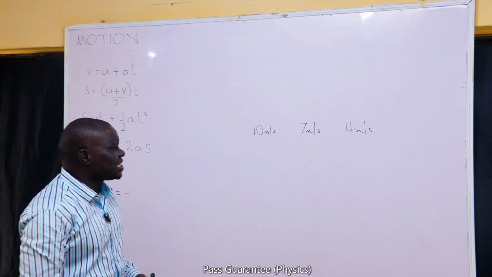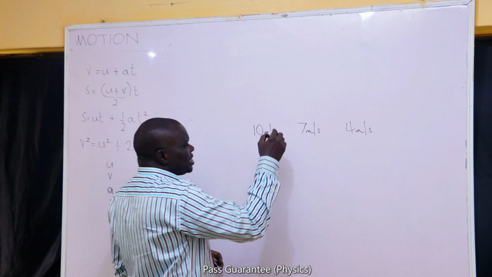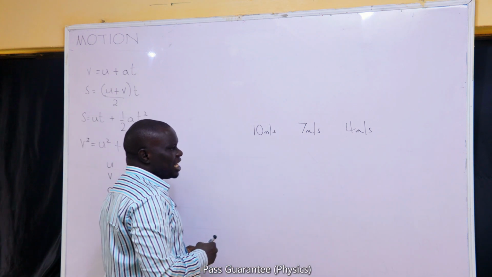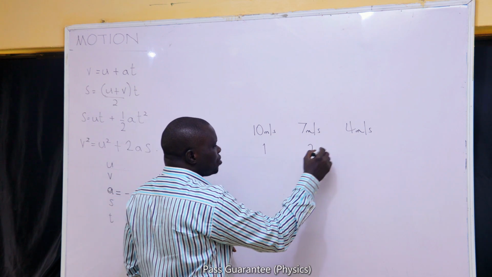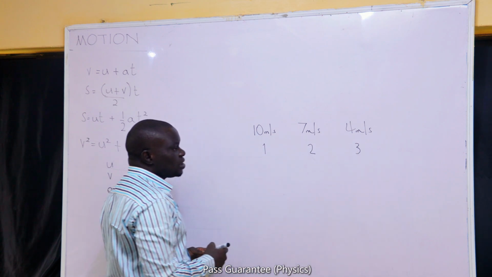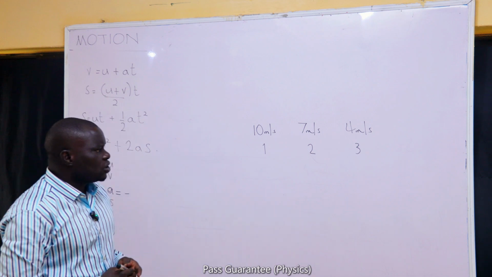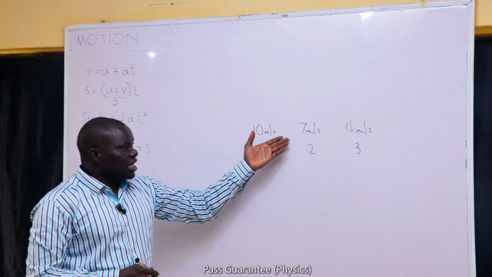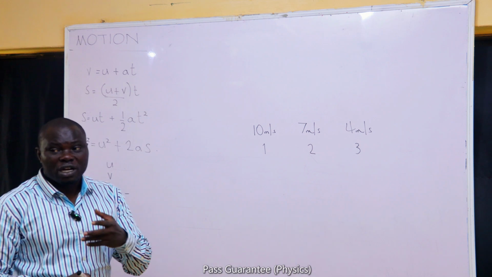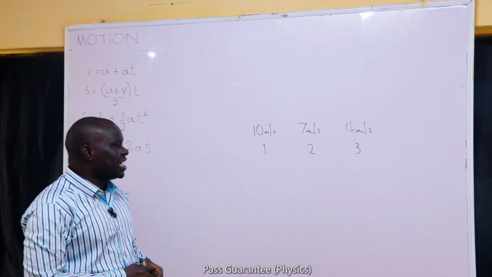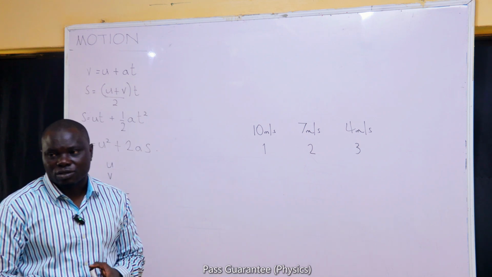I can say that the object is decelerating at 3 meters per second squared, if this happens every single 1 second interval. Or, if I'm going to refer to it as an acceleration, then I'll say it is accelerating at minus 3 meters per second squared.